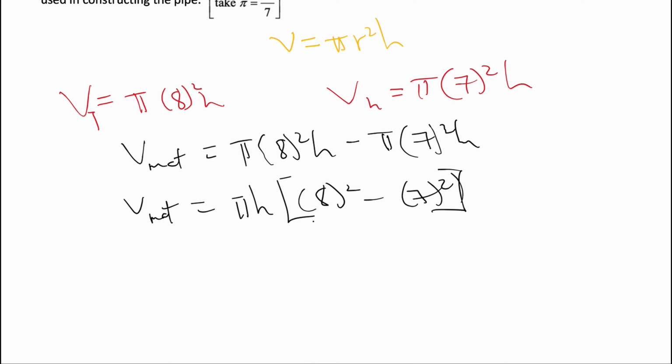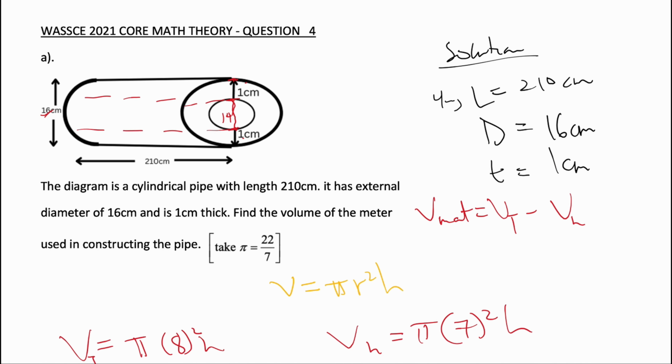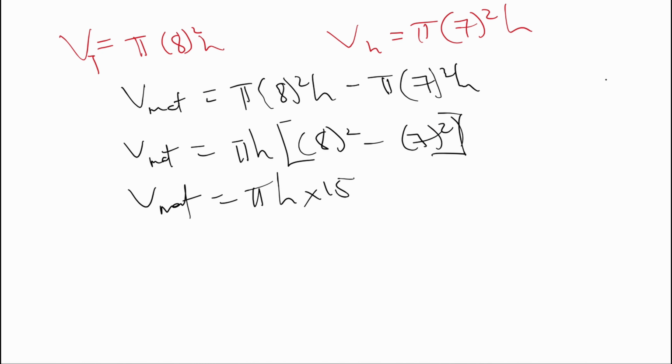Now 8 squared minus 7 squared should give us 15. So our V mat will be equal to pi h times 15. And our h here is the length of the pipe, which is 210 centimeters.